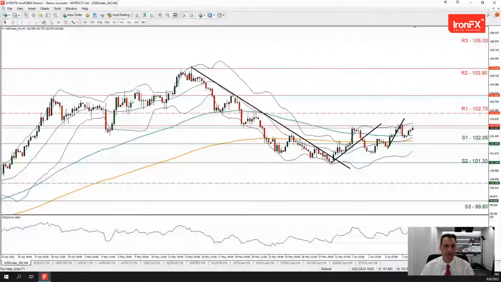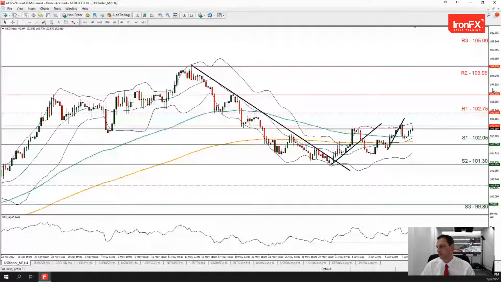Let me get started with the US dollar. This is the USD index chart, people. So we have practically a sideways movement. Let me just note that we have a number of higher lows which should be mentioned here.